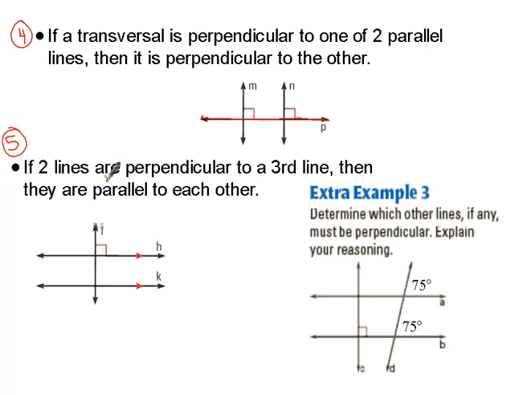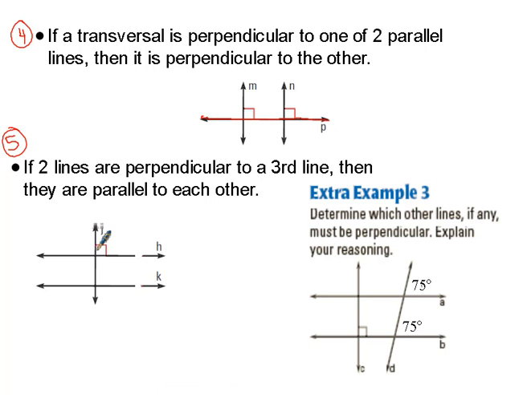If two lines are perpendicular to a third line, then they are parallel to each other. So if we have, let's say we're starting with lines J and H, and they're perpendicular to each other.